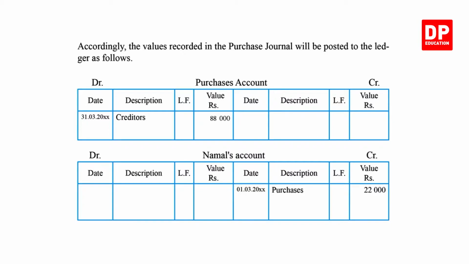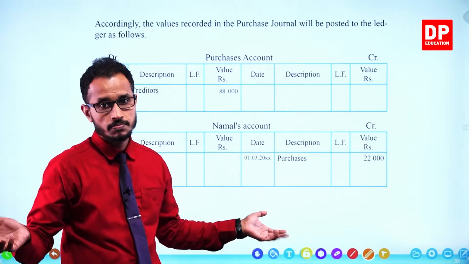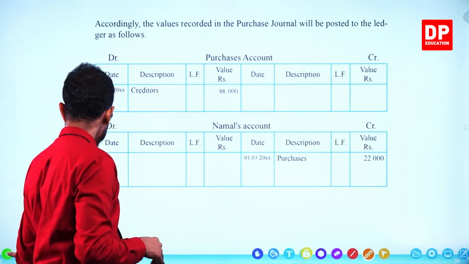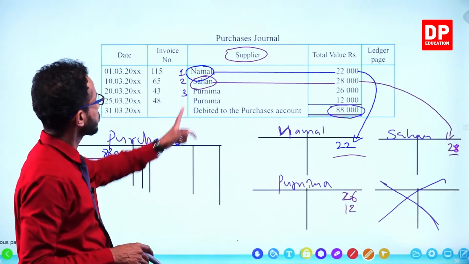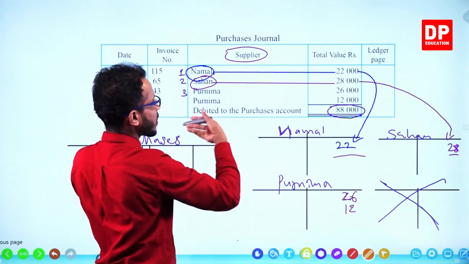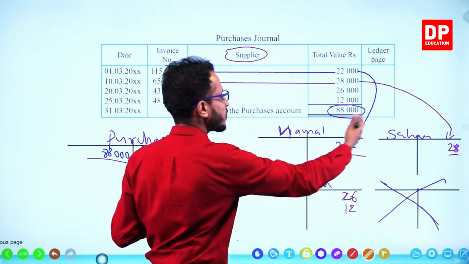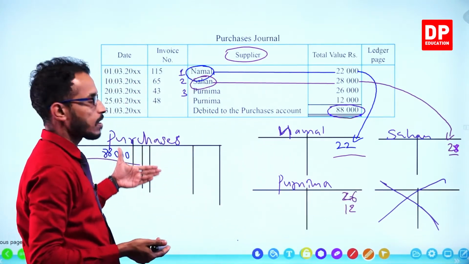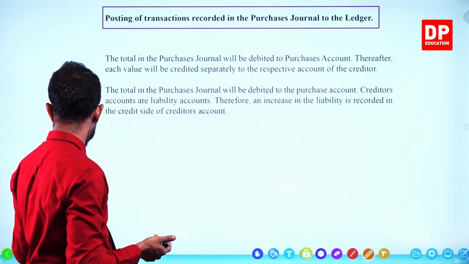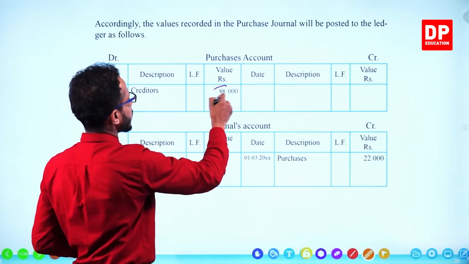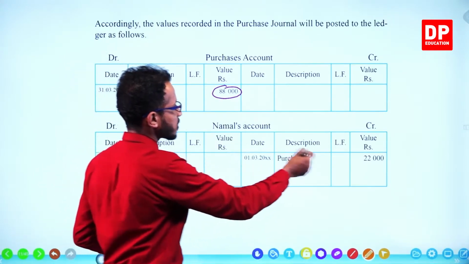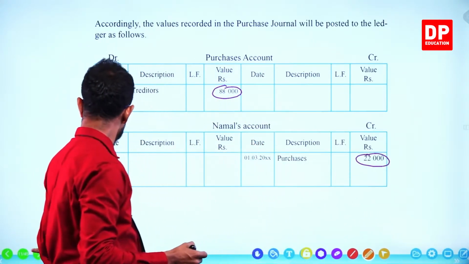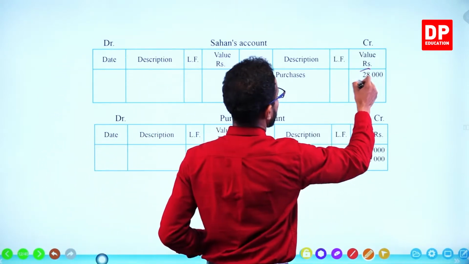And that is why I took these accounts to start this session. Children, these accounts are prepared in your textbook. With the purchases journal on the next page, you have these accounts, okay? All these accounts are already there. See? Purchases account 88,000 debited. Namal's account 22,000 credited. Sahan's account 28,000 credited.